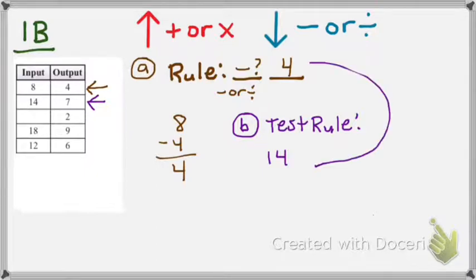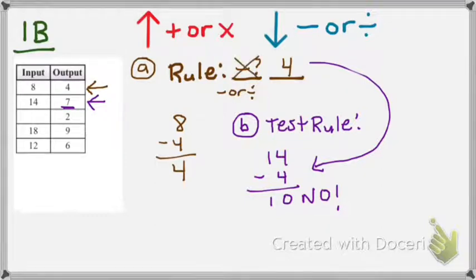I apply the rule, which I think is minus 4, and that should equal my output, which is 7. So let's see, 14 minus 4. 4 take away 4 is 0, 1 take away nothing is 1. That equals 10. But my output number is not 10, it's 7. So no, this cannot be the correct rule because it doesn't test properly.